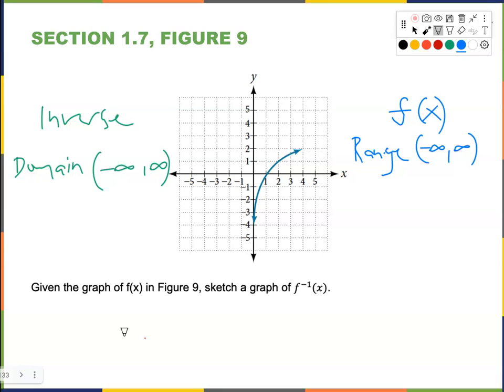And what else? Here you can see that the domain is above 0, that is from 0 to infinity. So we can say here that the range is above 0, that is from 0 to infinity.